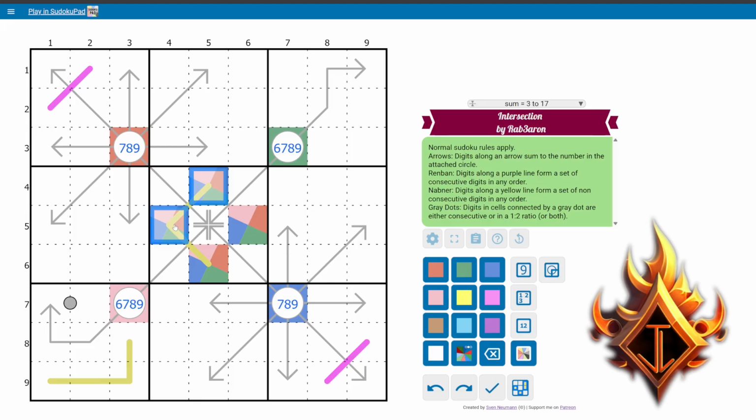No, that's not true, is it? Because this is a Nabner line. Okay, so that's partially true, but not all the way true.